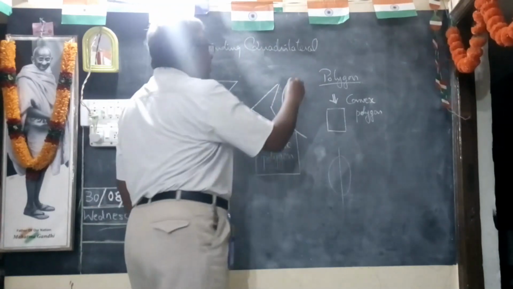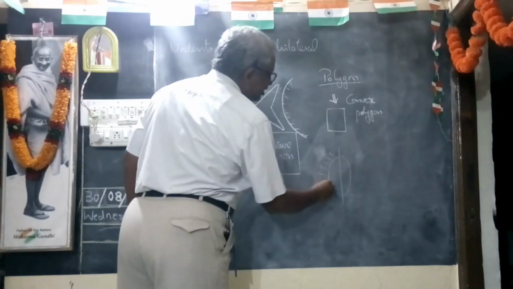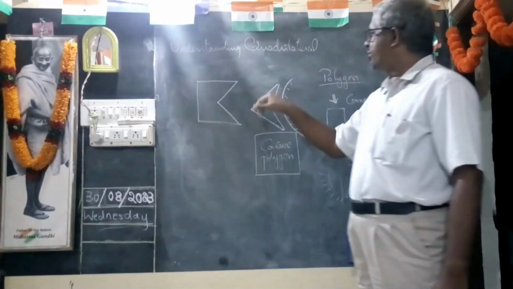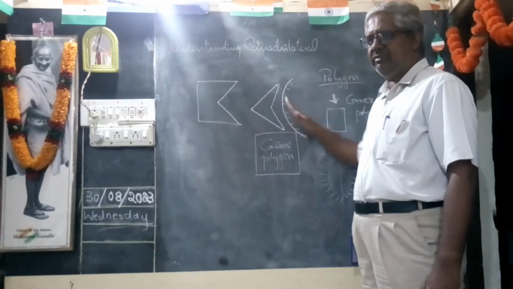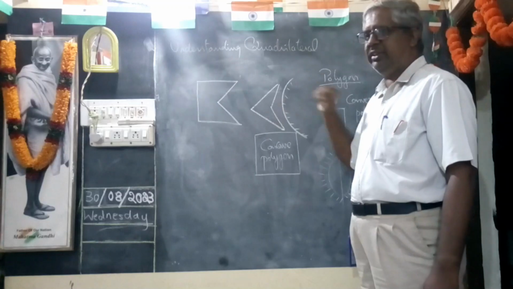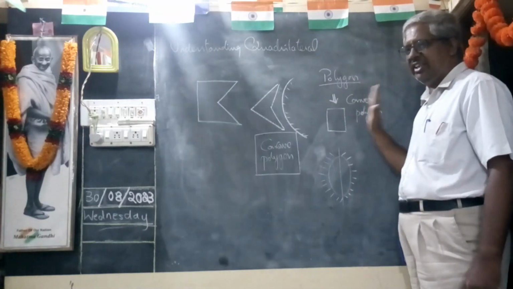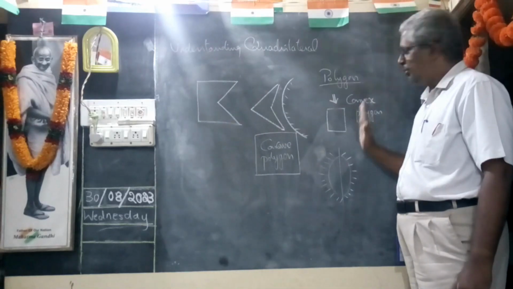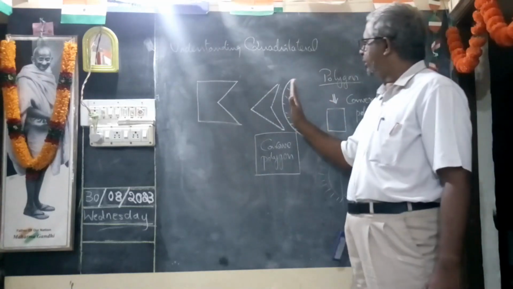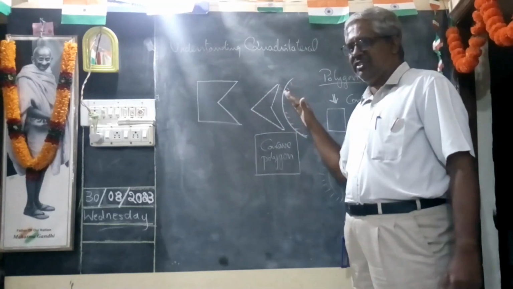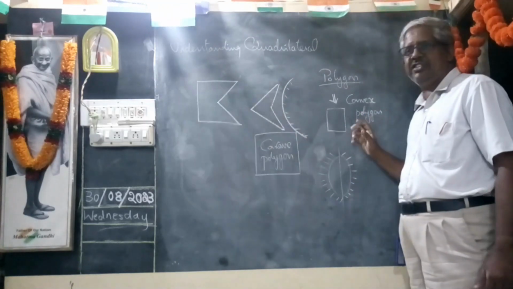But here in this case it is a cave. In this case it is not a cave. When I move to this polygon, it is a cave. I am standing before a cave and therefore it is a concave polygon. And here it is convex where I can touch. My touching point is going to be the outward circumference, but here my touching point is the inward circumference. So this is concave and this is a convex polygon.